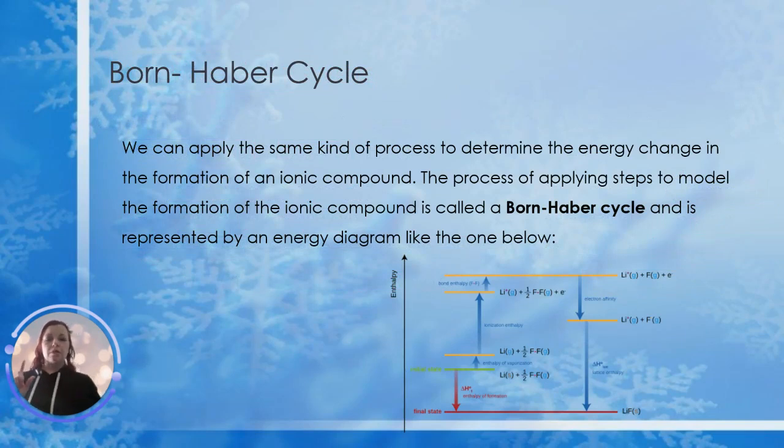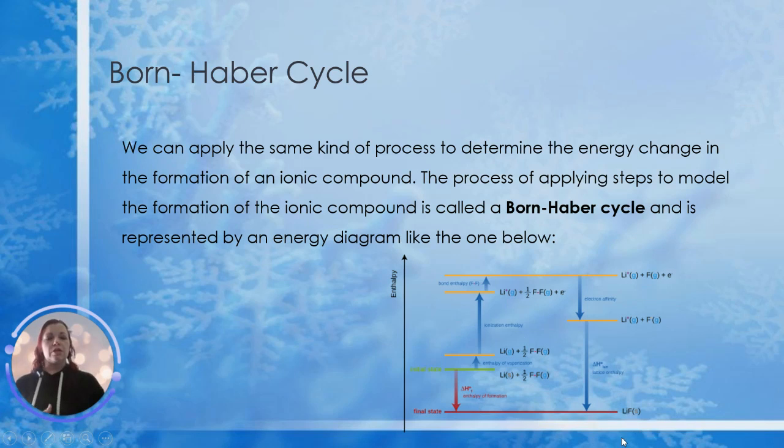Now, there is a particular application of Hess's law to something called the Born-Haber cycle, which I just want to make you aware of. So we can talk about the energy change in the formation of an ionic compound, and the process of applying steps to model that is called the Born-Haber cycle. And we usually see it represented as an energy diagram like this below. Where you have multiple steps and things happening between, like, starting with elements, and then electrons come into the situation here, and then you end up with the formation of the solid overall.